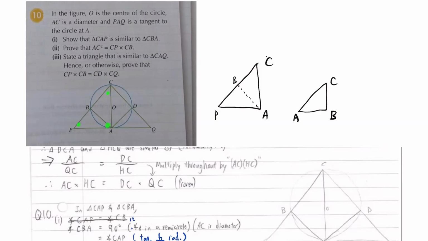BCA. Very good. BCA and PCA. They are equal, right? They are in the exact same position. So that's why they are common. So that's your first angle, right? AA similarity test, you got the first A already.